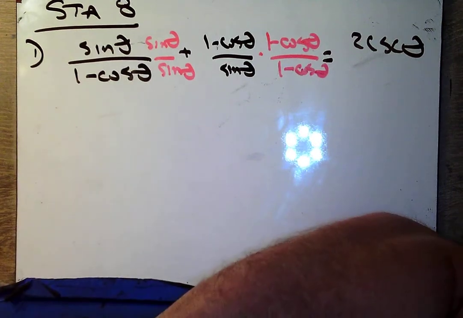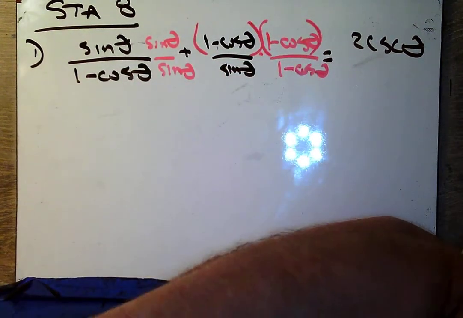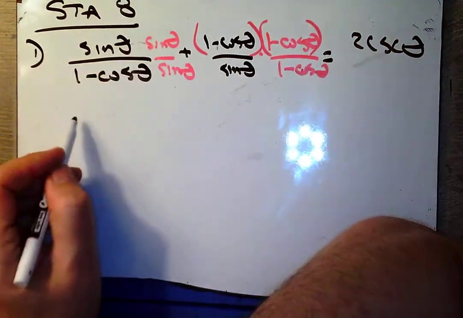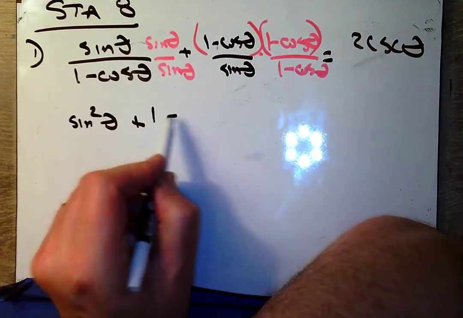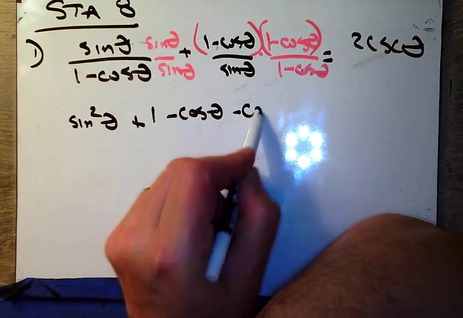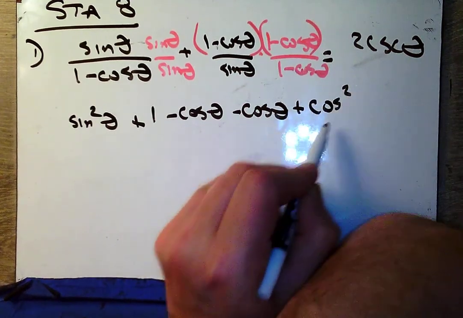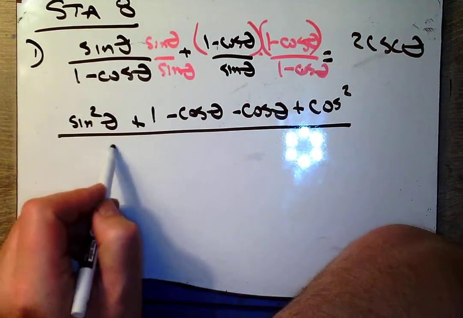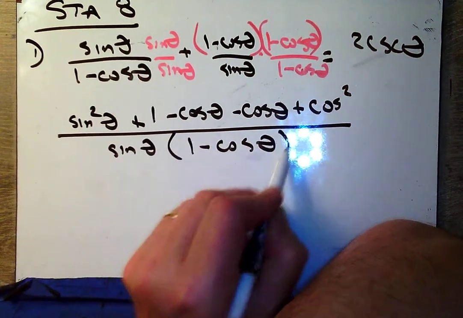Okay, this is foiling. So sine times sine, sine squared. 1 minus cosine, minus times minus is plus cosine squared, all over sine theta, 1 minus cosine theta.